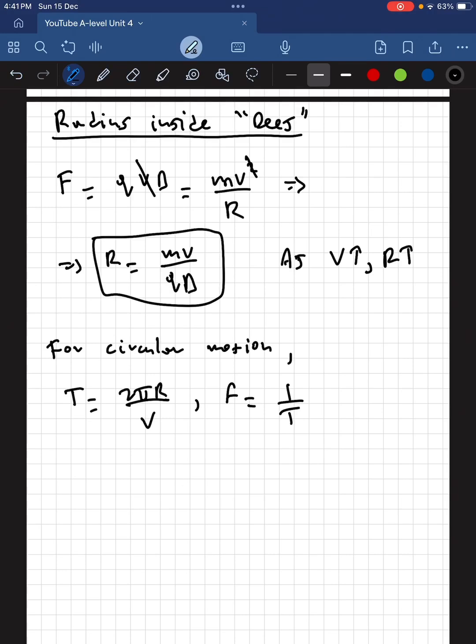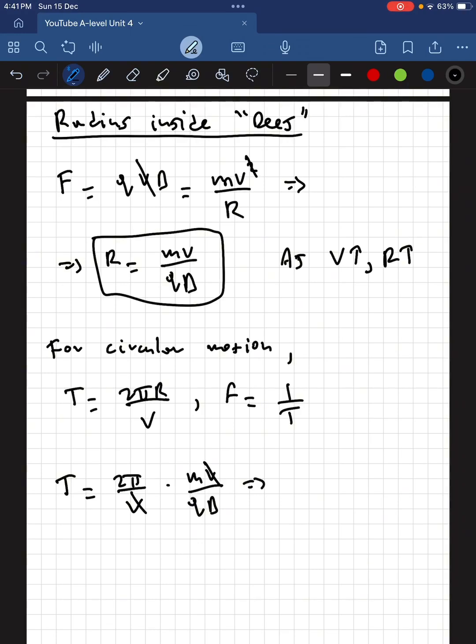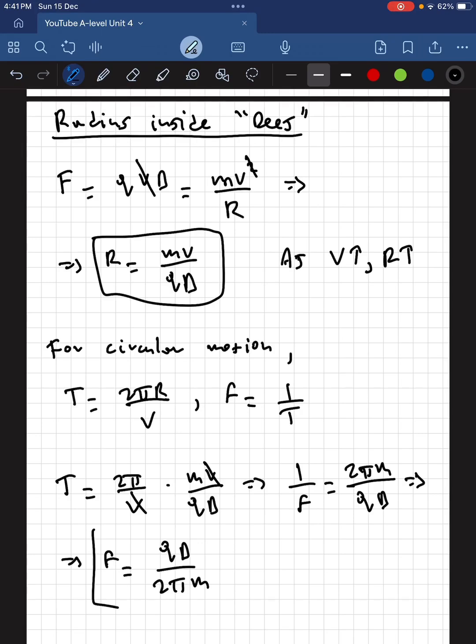If we take the radius we just calculated and plug it into the period, we find T is 2 pi over v times mv over qB, right? So the velocity cancels, and we arrive at a period that is independent of the velocity of the particles. And since the period is 1 over the frequency, we find that 1 over the frequency is 2 pi m over qB, or f, the frequency, is q times B over 2 pi m.